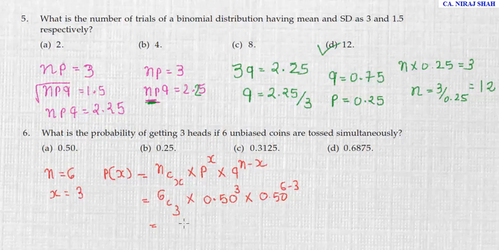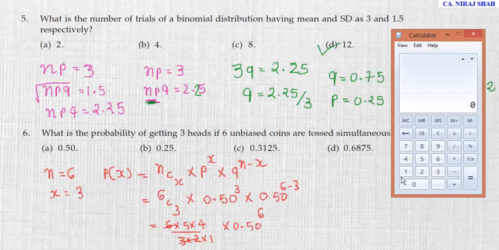The value of 6C3 is nothing but 6 into 5 into 4 divided by 3 into 2 into 1. So the 3 into 2 would cut, and the value is 20. And into 0.5 raised to 6, because this 3 plus this 6 minus 3, which is 3, 3 plus 3 is 6. Let's solve it by calculator.